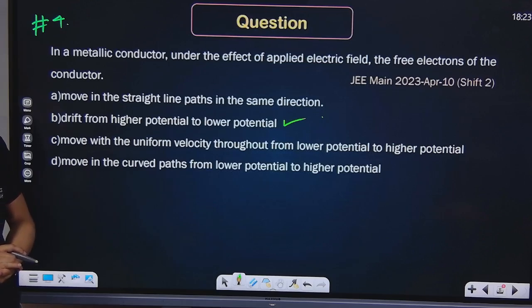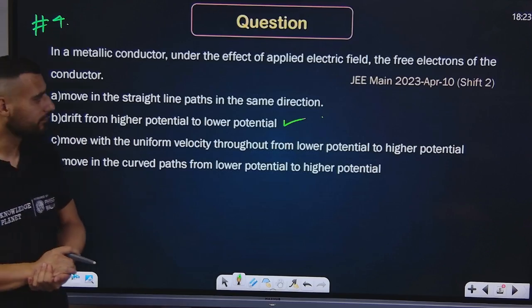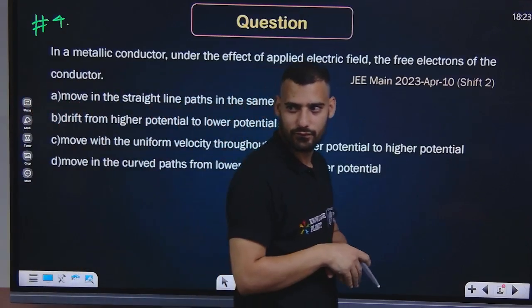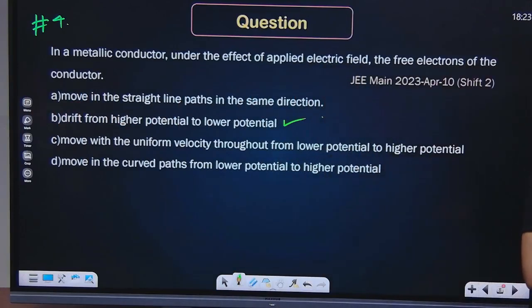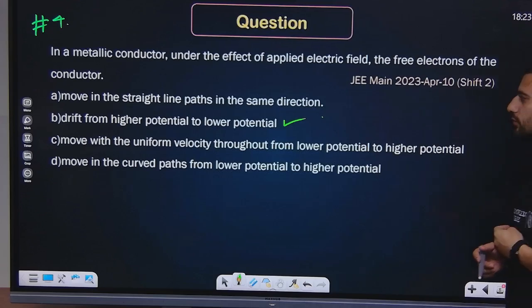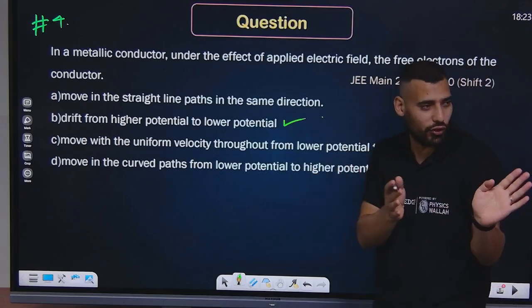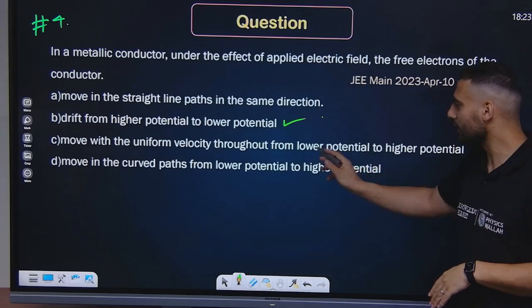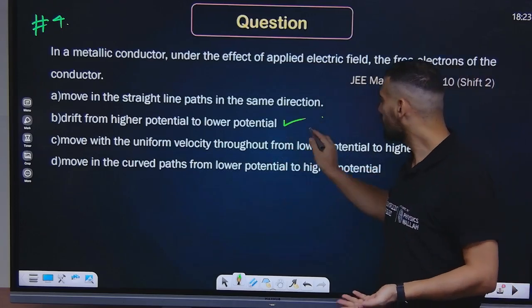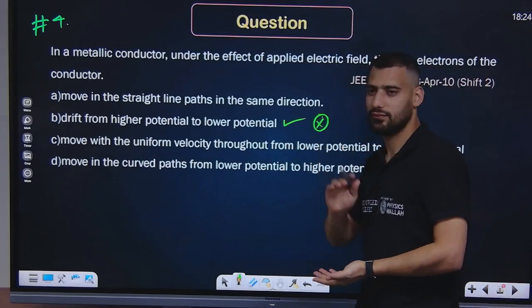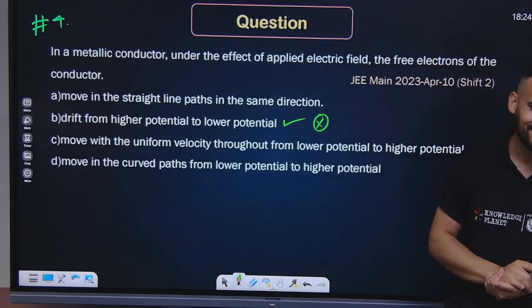Are you agreeing on the fact that B is correct? So remember, B is wrong. It's not simply high potential to low potential.